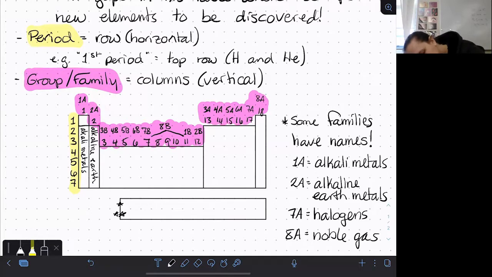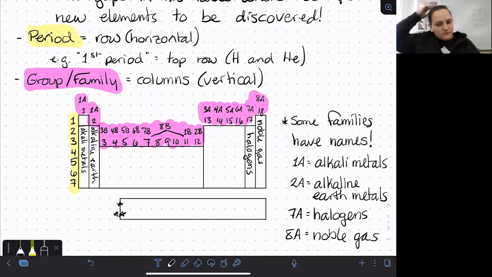And then over here on the right, we've got the noble gases farthest to the right, and we've got halogens right next to them.